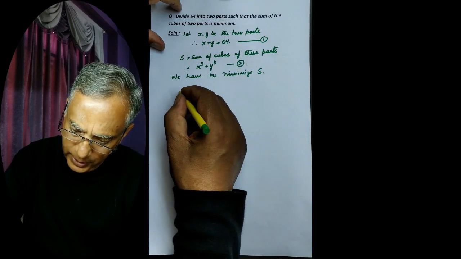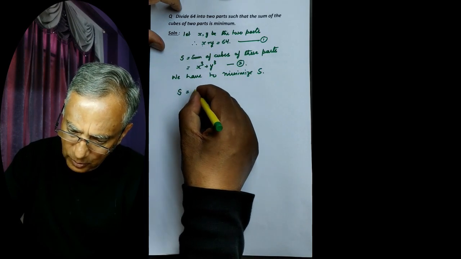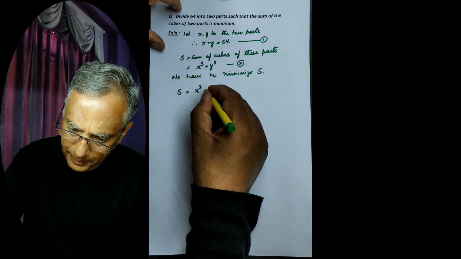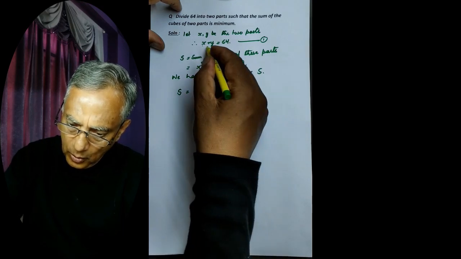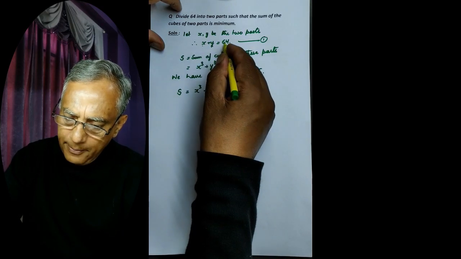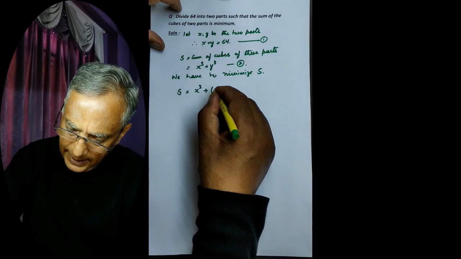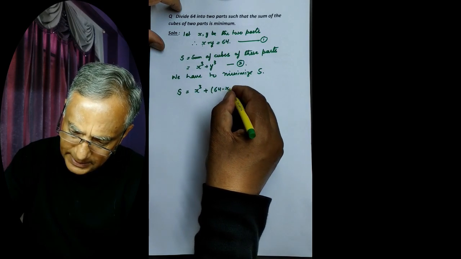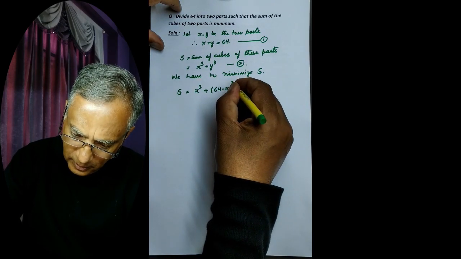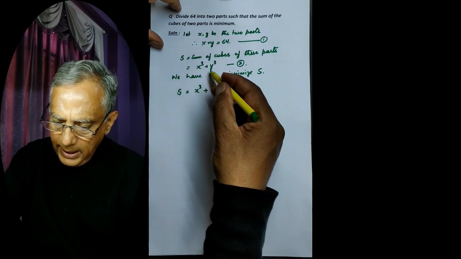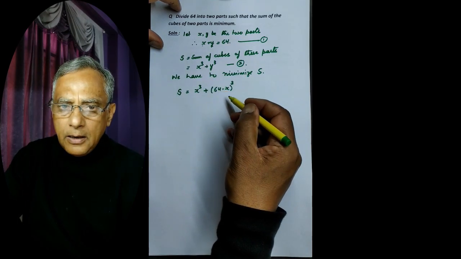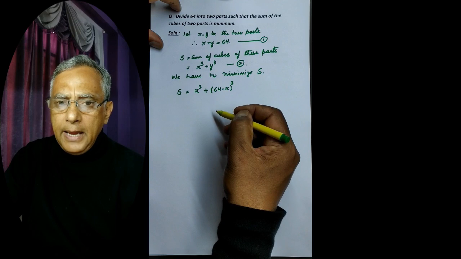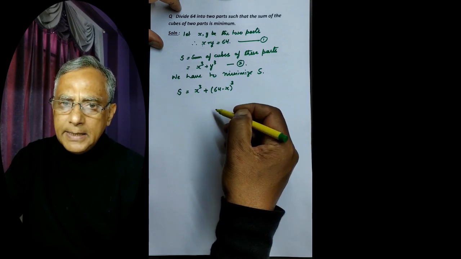So what we do is we write s is equal to x cube plus, now eliminate y. y will be 64 minus x, so (64 minus x) cube. At this step we eliminate that variable which does not complicate the question. The question remains simple.